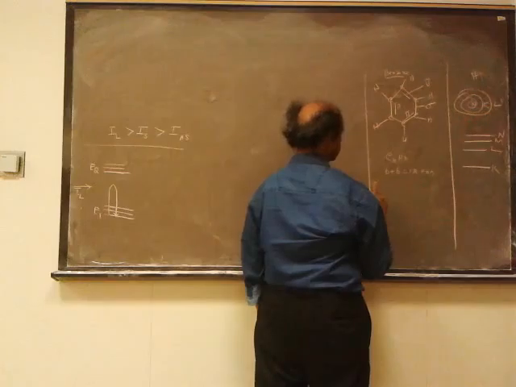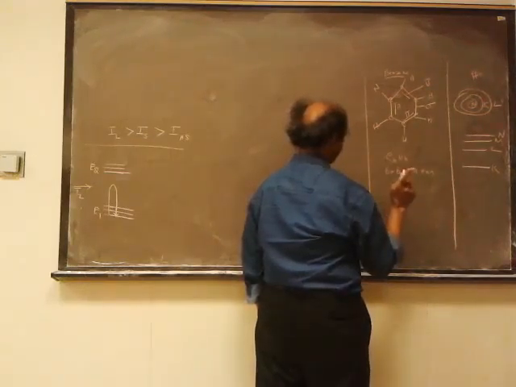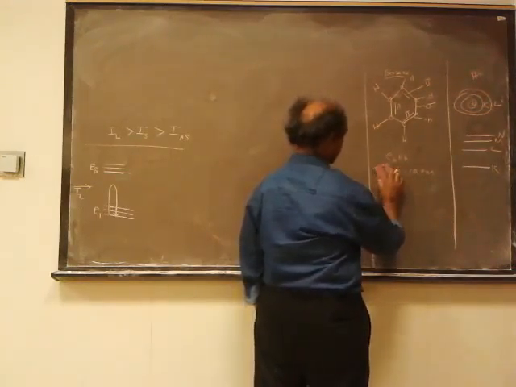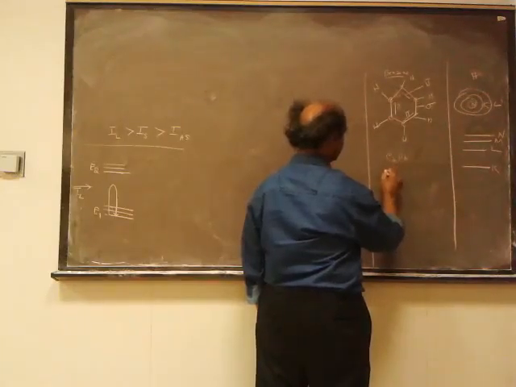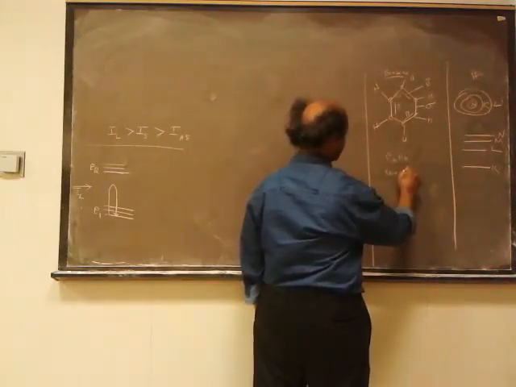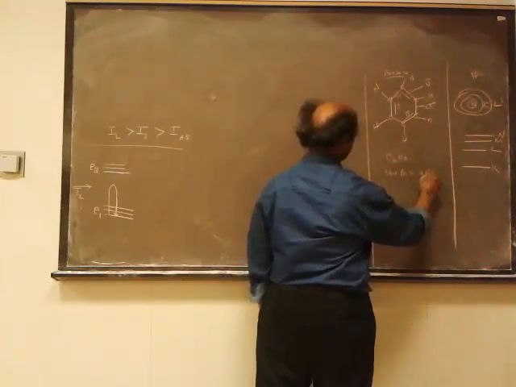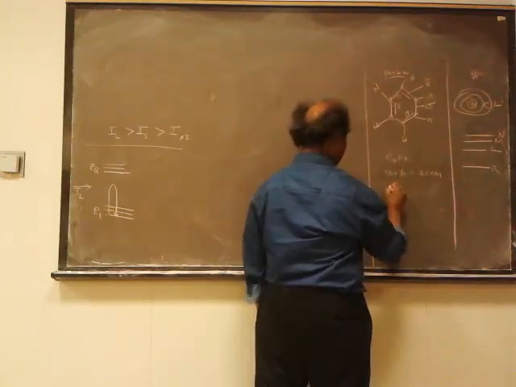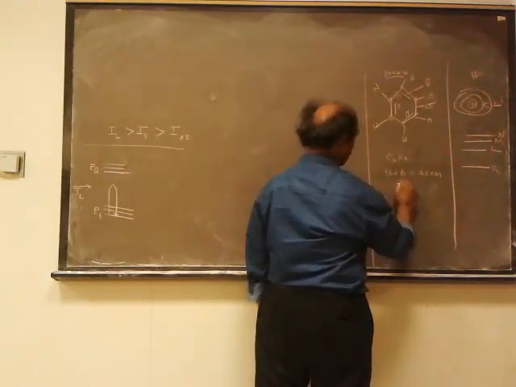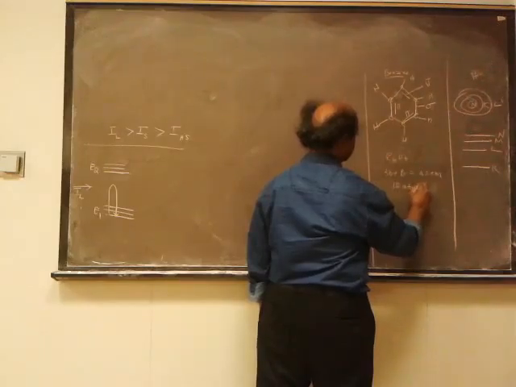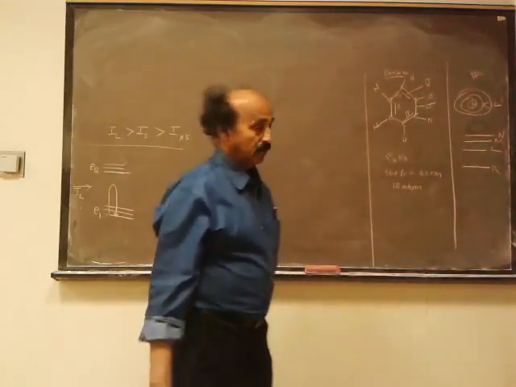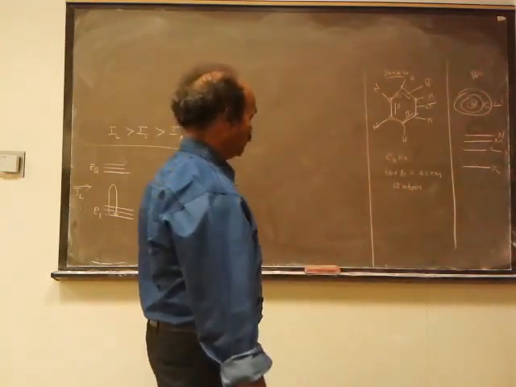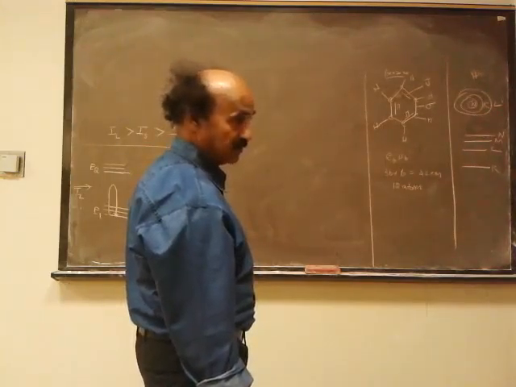No, sorry, 36 electrons plus 6, 42 electrons and 12 atoms. Understand? A benzene molecule has 12 atoms and 42 electrons.